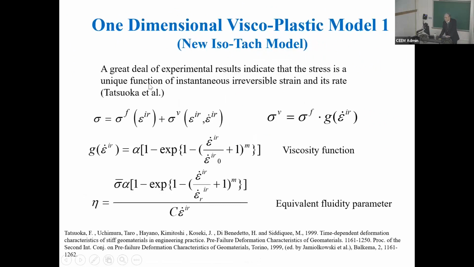Develop this model depending on a great deal of experimental results. The stress is a unique function of instantaneous irreversible strain and its rate. G is the viscosity function, and the equivalent parameter necessary for the volume, eta, is given by this equation.